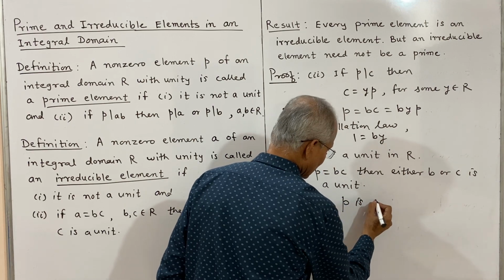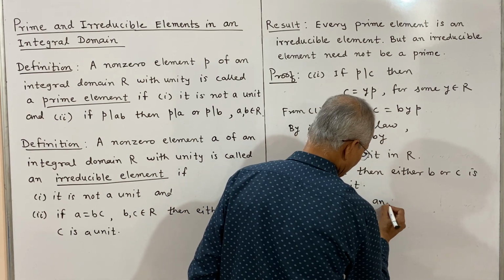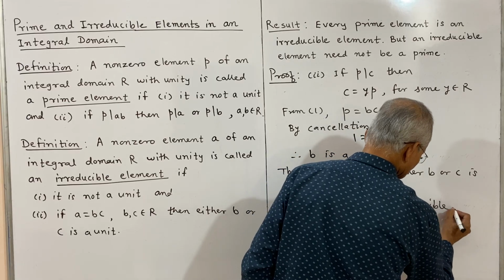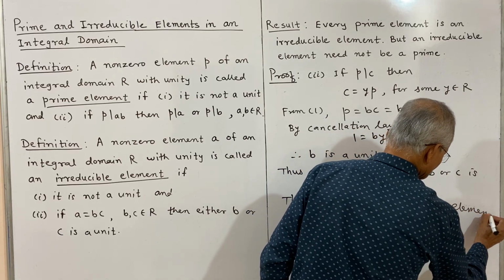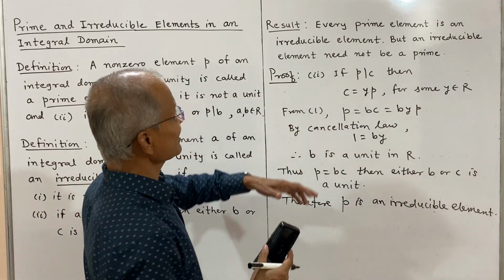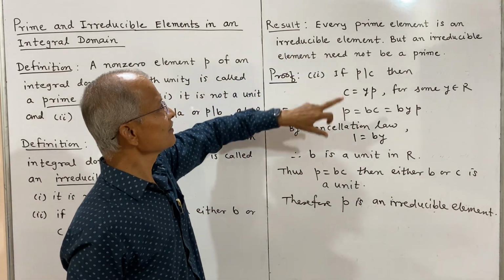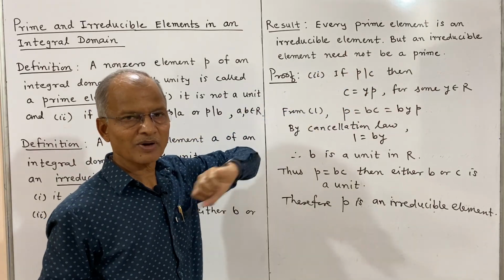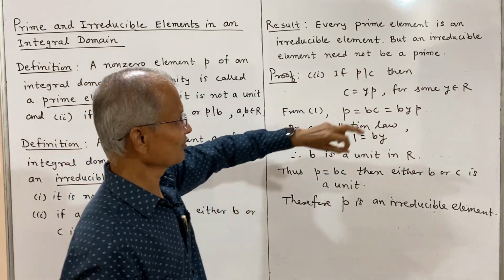P is an irreducible element. So this is the first part we have proved: every prime is irreducible. Now the second, converse part is not true, and that we shall have to prove.